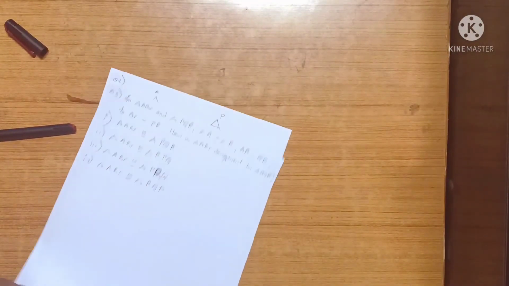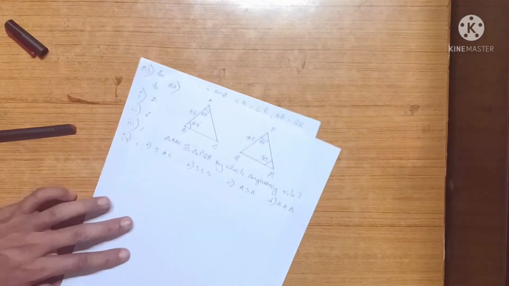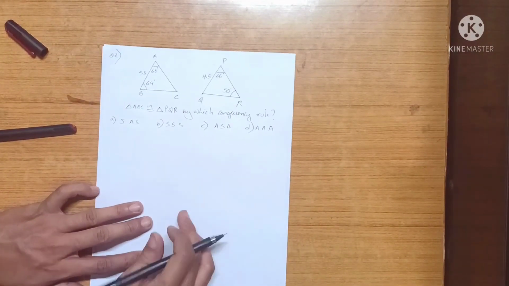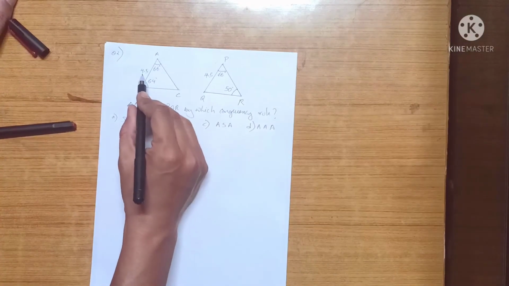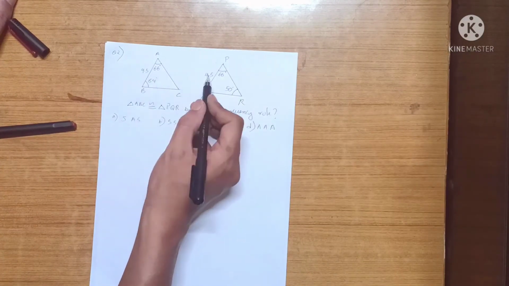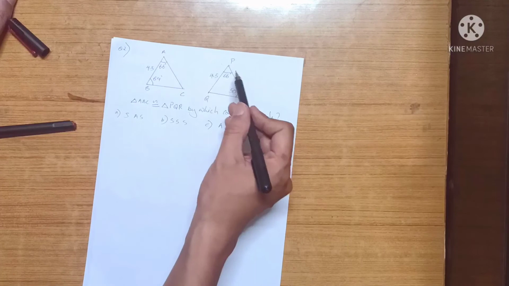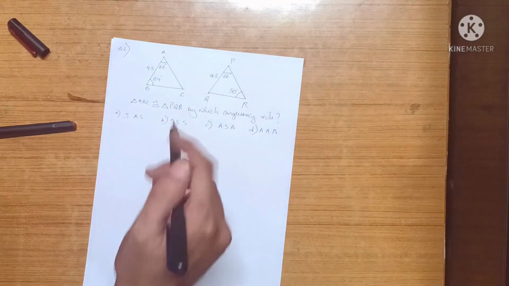Let's do two more questions. In these two triangles, they've given us that the side is the same. They gave us the measurements, so AB and PQ are the same.